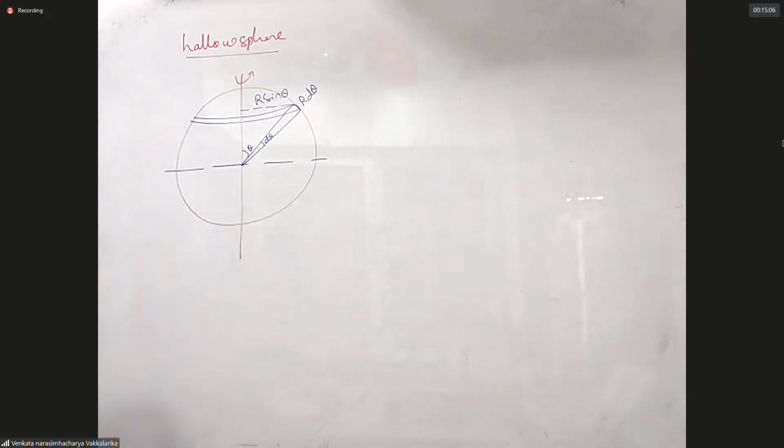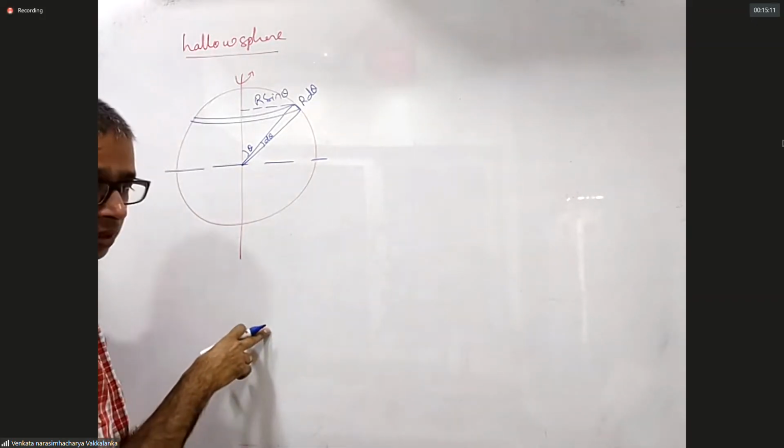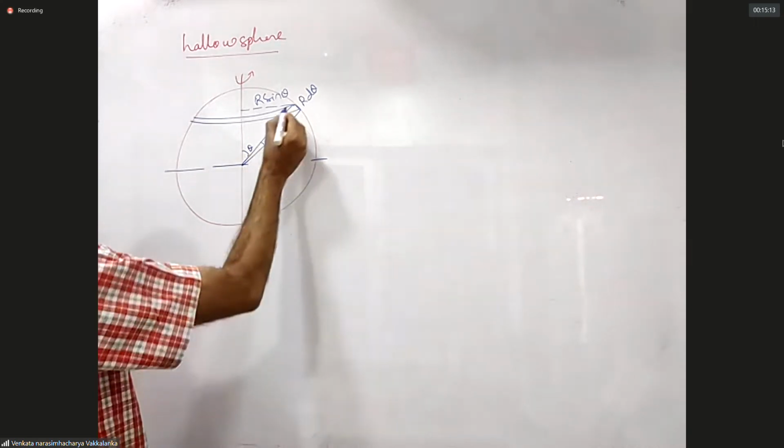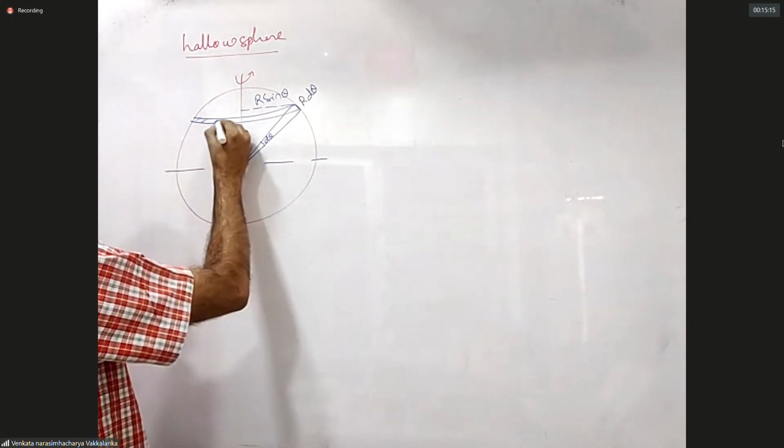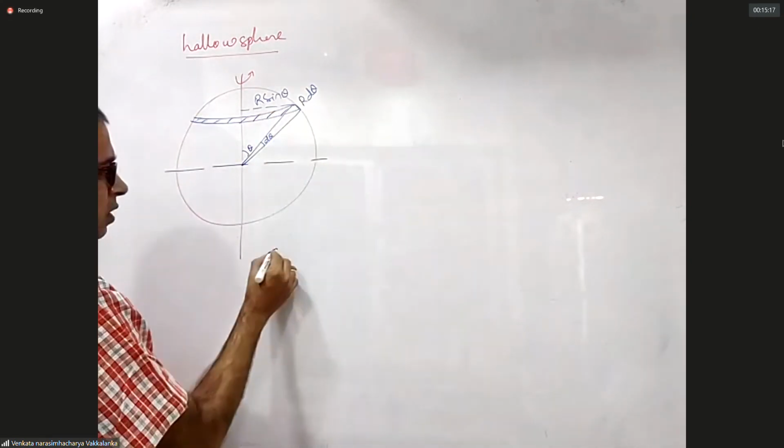The thickness is r d theta and the radius is r sine theta. Right? For this ring, do you know what is the moment of inertia?